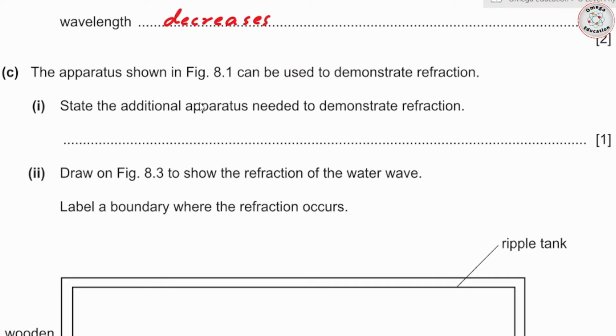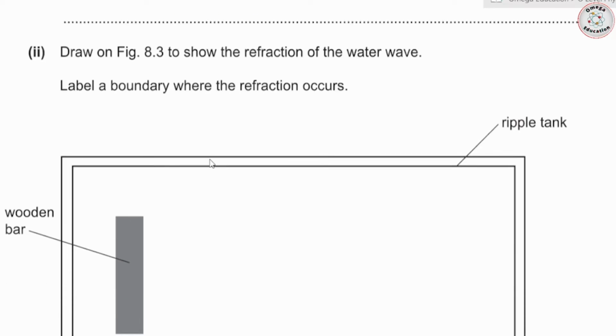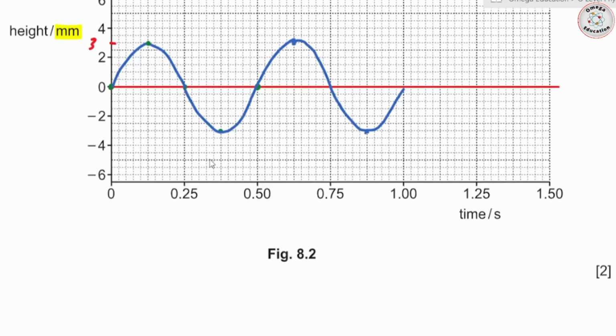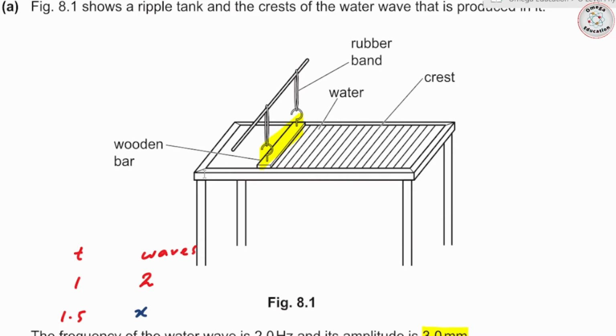Moving on to the next one, part C. The apparatus shown in figure 8.1 can be used to demonstrate refraction. Like I said, this ripple tank can be used to observe the process of refraction, reflection, and diffraction for the water waves, as per the syllabus of O-level physics.